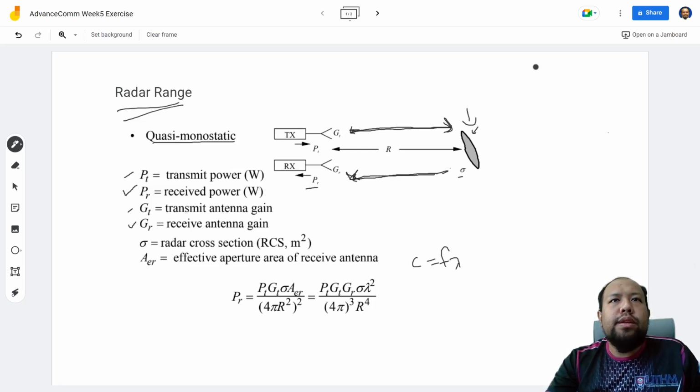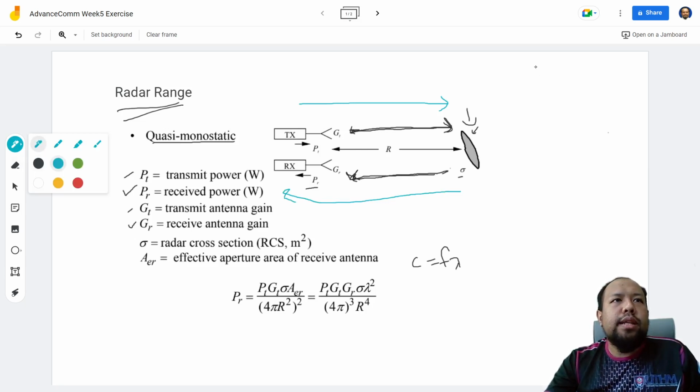So generally we can look at the process of how the signal goes from the transmitter to the object, and then from the object to the receiver. From this situation, what we would like to know is how much is the range. How do we calculate this?